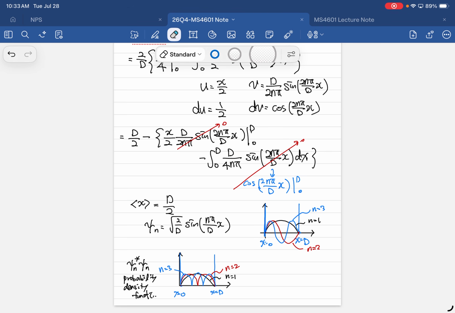For example, the particle can have a velocity of, let's say, 1 meter per second, with a probability of, let's say, 1%. And that velocity can also be negative 2 meters per second, but the chance is, let's say, 2%. When we take all the considerations and take the average, it turns out the velocity is 0.